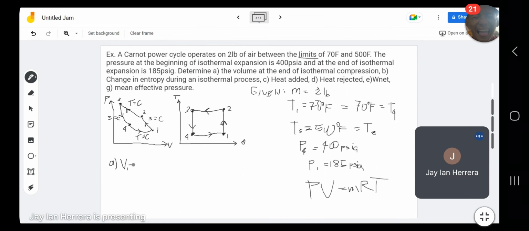So V1, hindi kasi given yung expansion ratio, so kahit kunin lang natin is either point 1 or 2. Nakuha natin V3 if given yung ratio. So V1 natin, that is mRT1 all over P1.